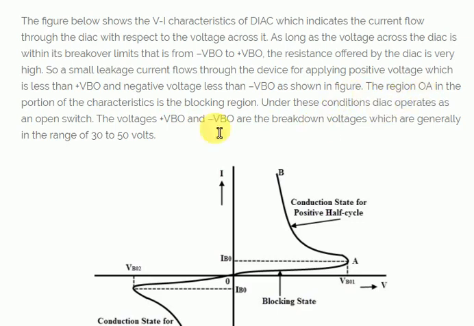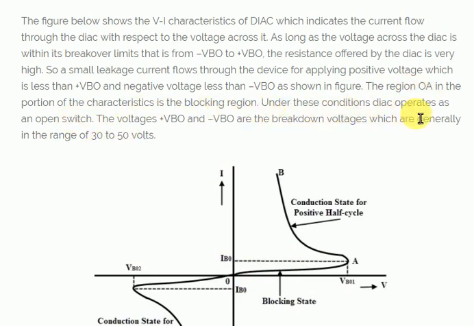The region OA is a portion of the characteristic of the blocking region. This region O to A is the blocking region, and in reverse bias, similarly, O to A is the blocking region.